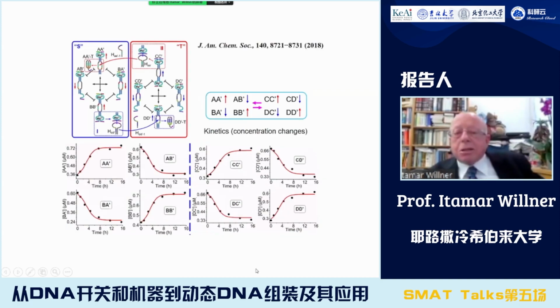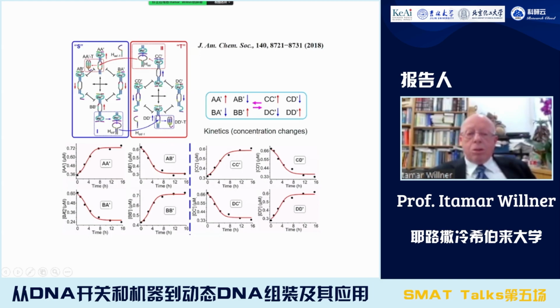So if we understand that, we can now take the two hairpins and subject the two hairpins on the two networks, and now we have intercommunication between the two networks. You see this network feeds all the time network S with this fragment HAA prime and enriches these two components, and network S generates all the time these fragments that enrich CC prime and DD prime.